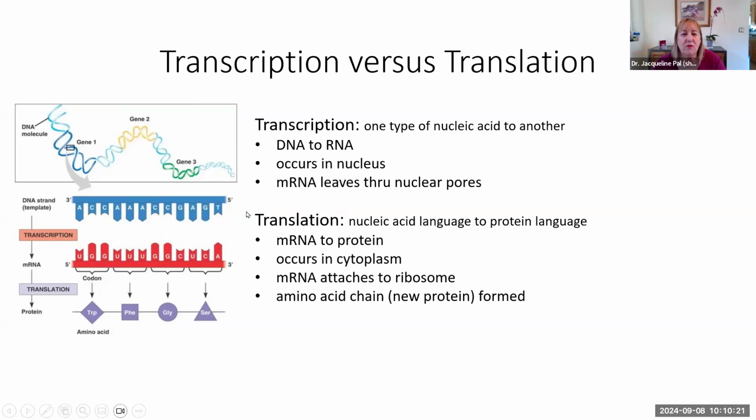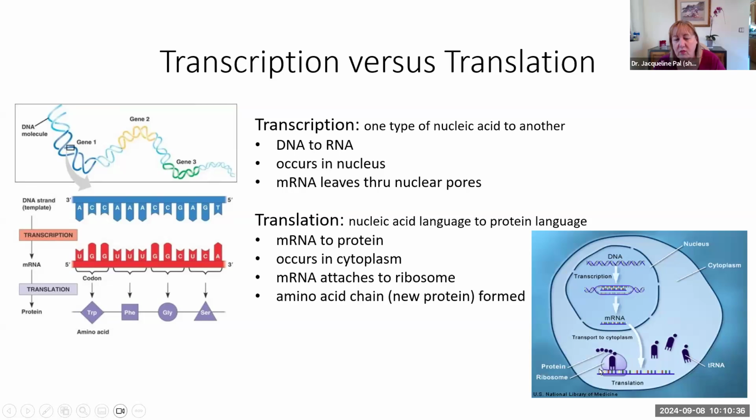And then we're going to move to translation, where we can take the nucleic acid language of the messenger RNA and change it to a protein language in the cytoplasm. And that's going to happen by taking this and attaching it to a ribosome. And here's our messenger RNA attached to a ribosome.